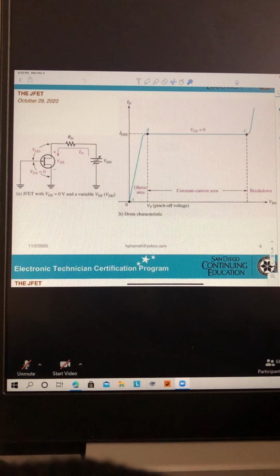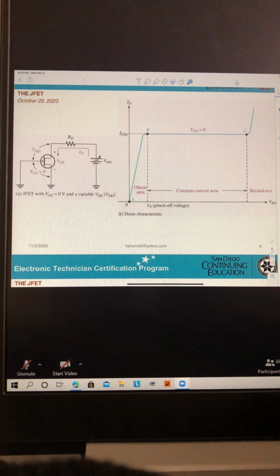On this graph, it's 0 here at the beginning, and the current ID, this stands for ID. ID going up means they change the VDD to make the current go up. They keep going up to point B right here, and now it doesn't go up anymore.